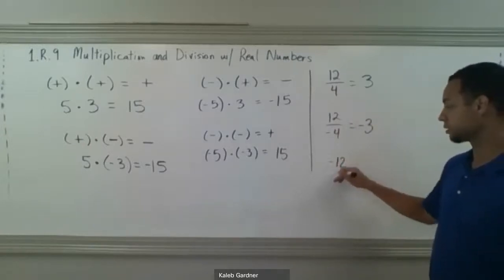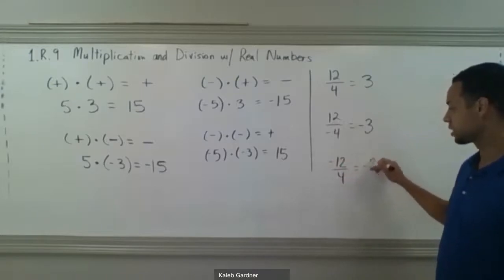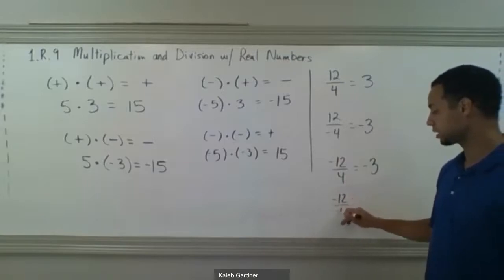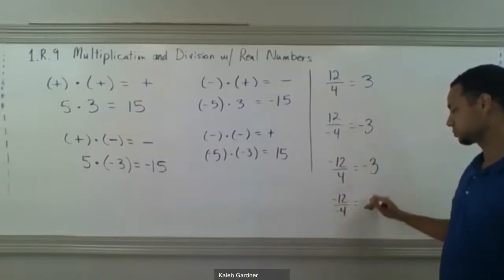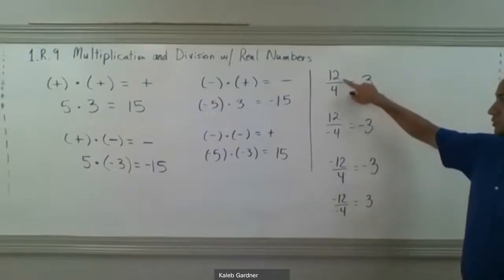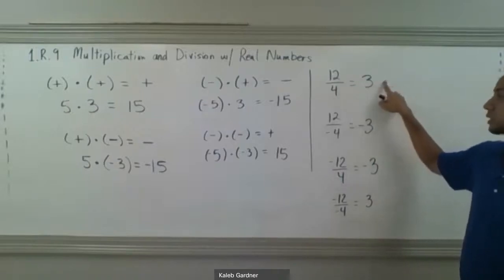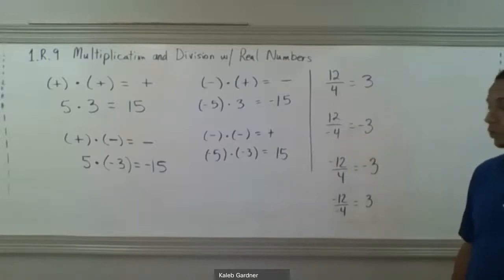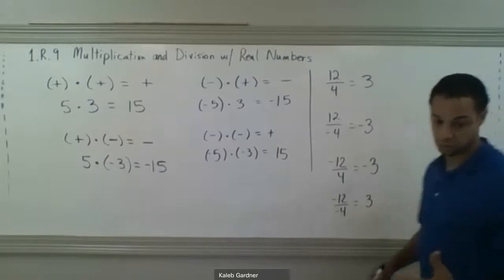A negative divided by a positive gives us negative. And finally, a negative divided by a negative is positive. So the rules stay the same. Okay. Let's continue.